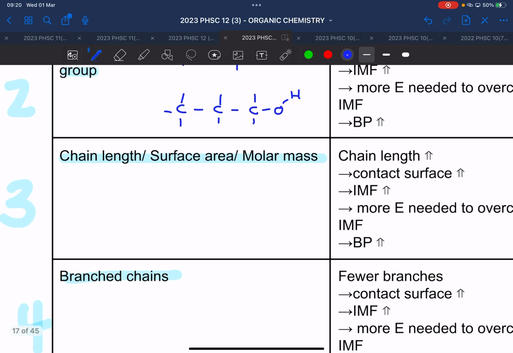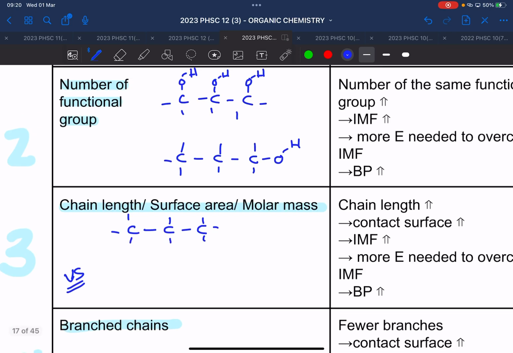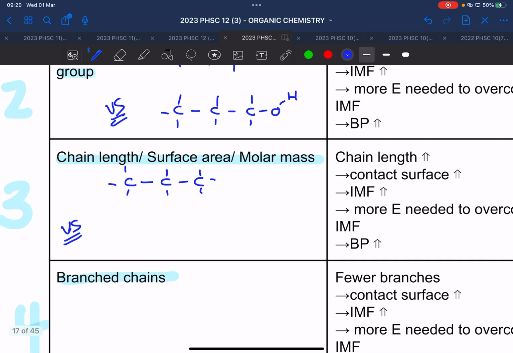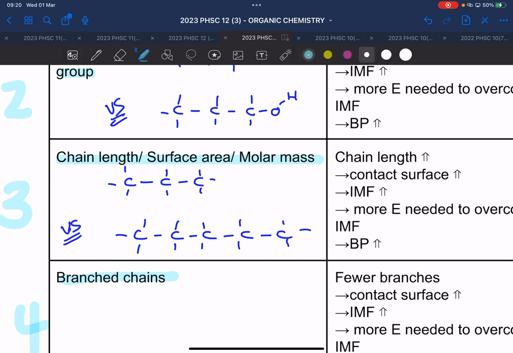Then chain length, surface area or molar mass. This is when we compare this one versus this one. What's the difference between the two? It is the chain length. What is the same thing between the two? What is this thing that is kept constant?